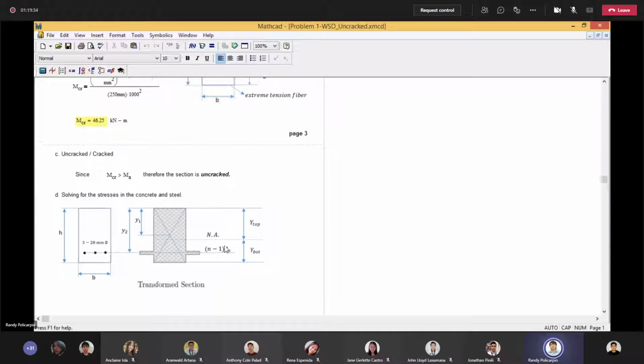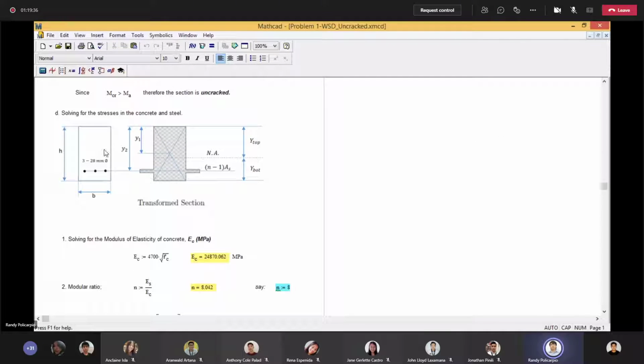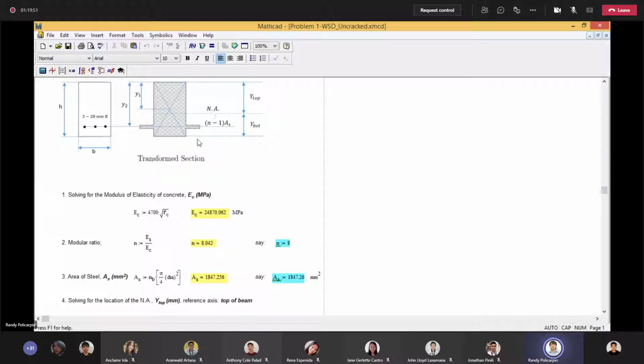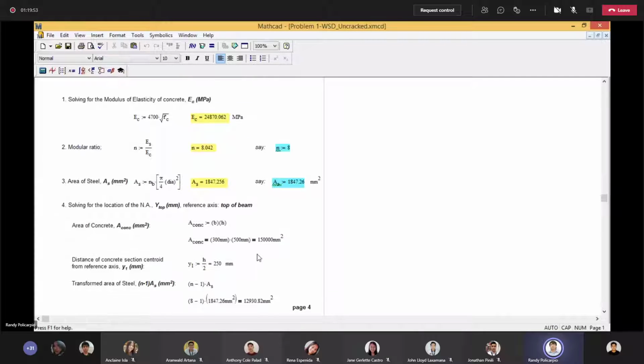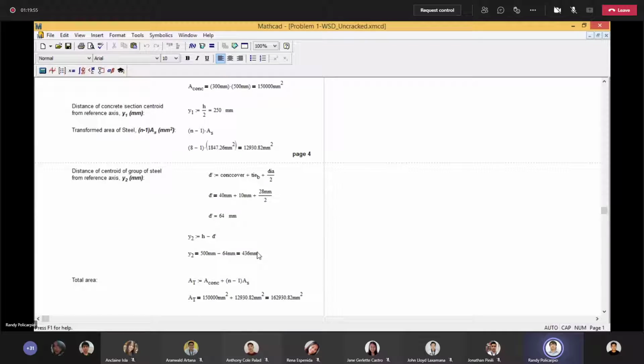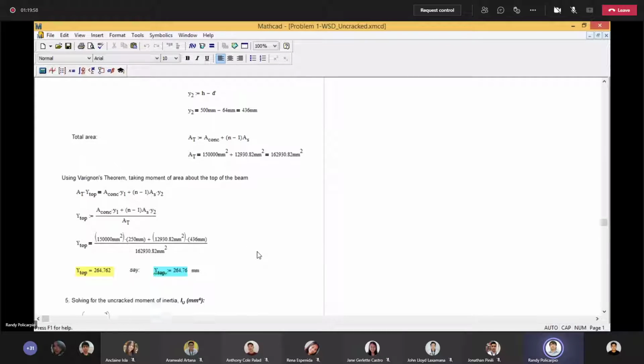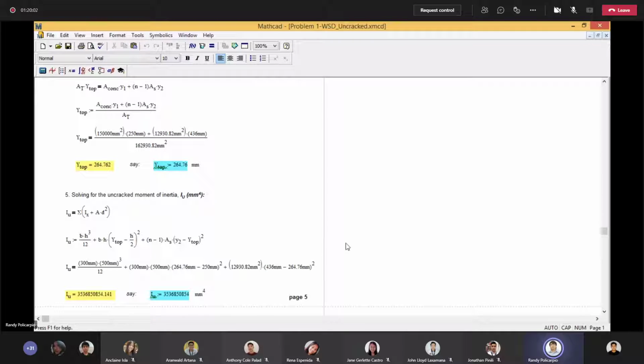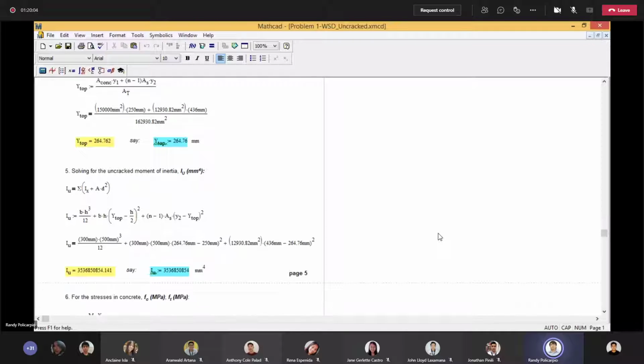Pagkatapos niyan, you should know how to obtain the transform section for our given beam if it is uncracked. So all you need is solve the area, and then also you need to solve for the location of the neutral axis, and eventually masosolve mo yung moment of inertia.